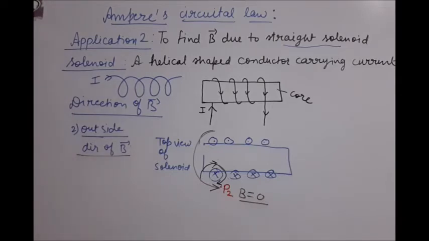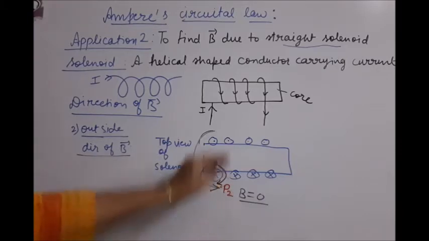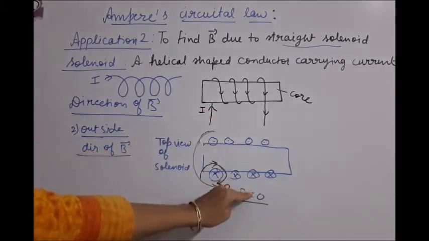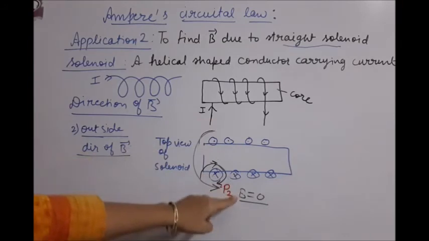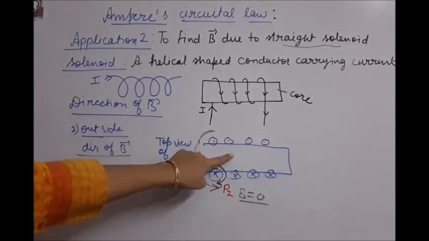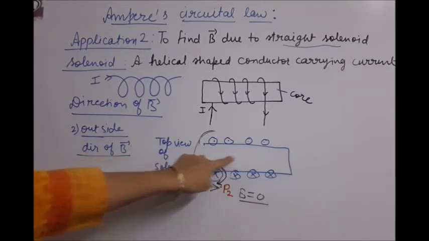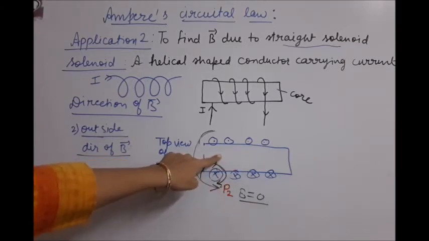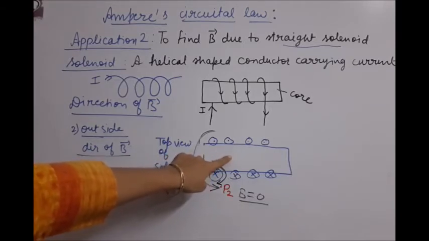So at all points outside the solenoid, whether here or here, the magnetic field is 0. But where is the magnetic field present? The magnetic field is present only inside the solenoid, and its magnitude we are going to find using Ampere's law.